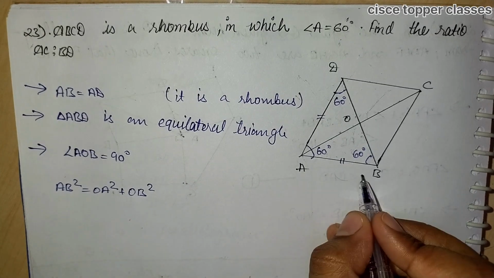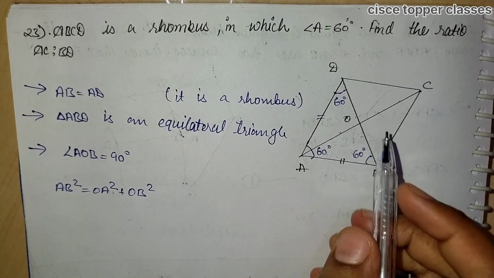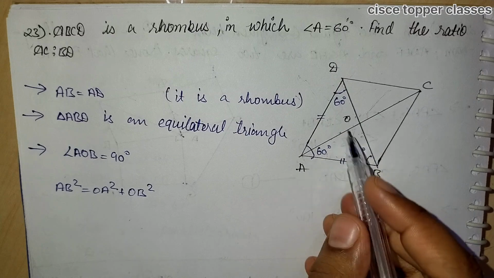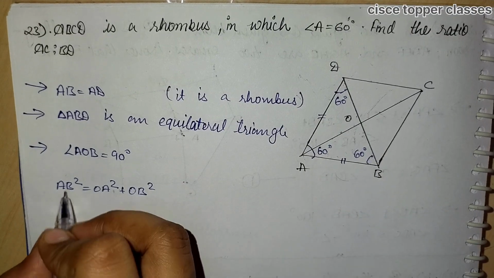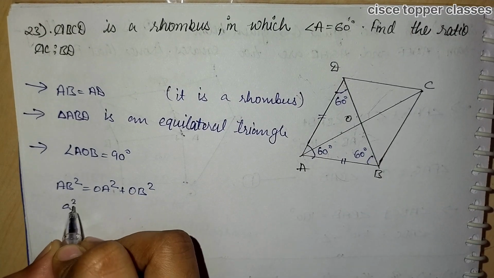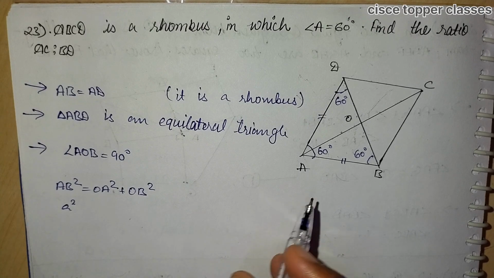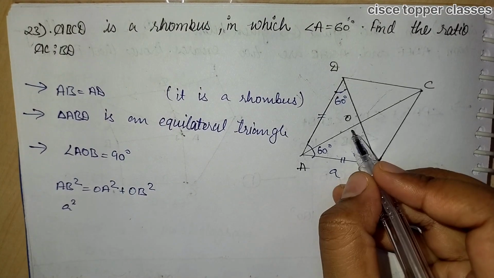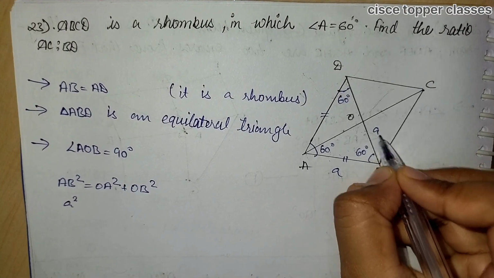So here we put AB as a, and we will get OB as a by 2.